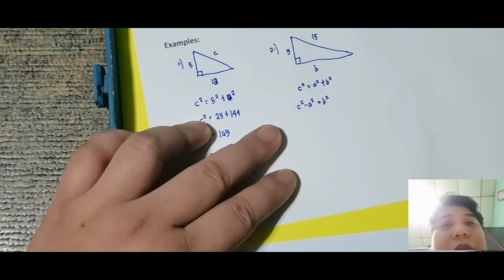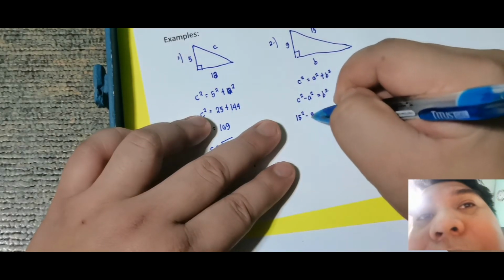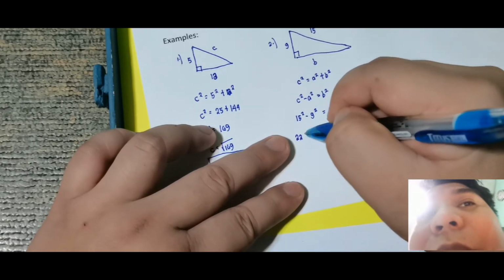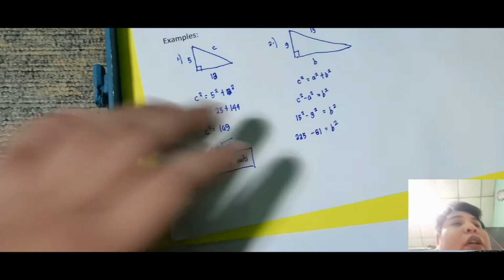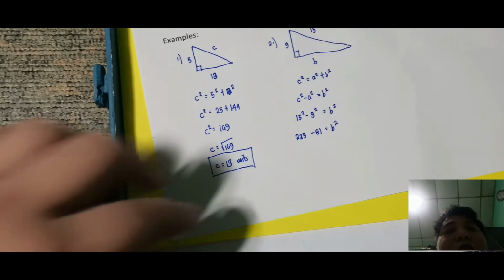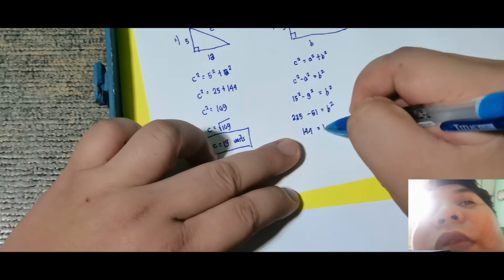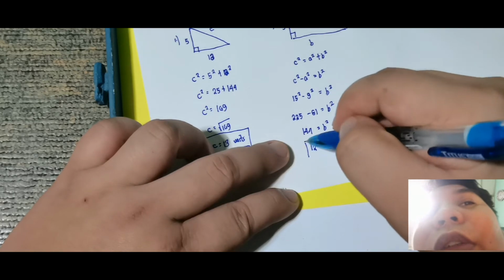Then saka natin i-input: 15 squared minus 9 squared is equal to B squared. So, 225 minus 81 is equal to B squared. Ilan ba yung 225 minus 81? That is 144. Uy, ang galing ni Sarah. So 144 is equal to B squared. Taking the square root of both sides, 12 is equal to B, or 12 units.